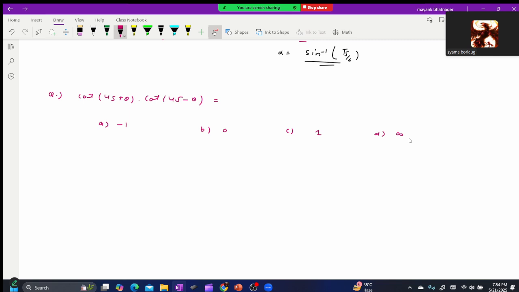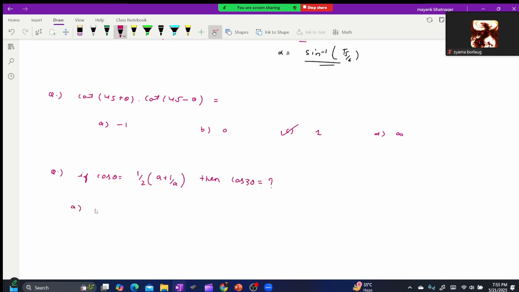Yes, it is one. But let me give you one different question. The question is, if cos theta is equal to 1/2 into a plus 1 by a, then cos 3 theta is what?